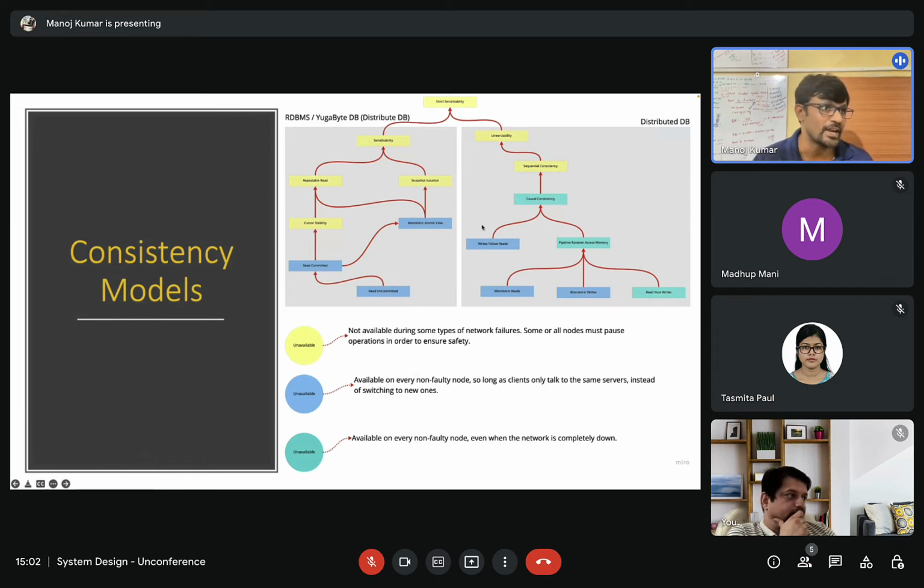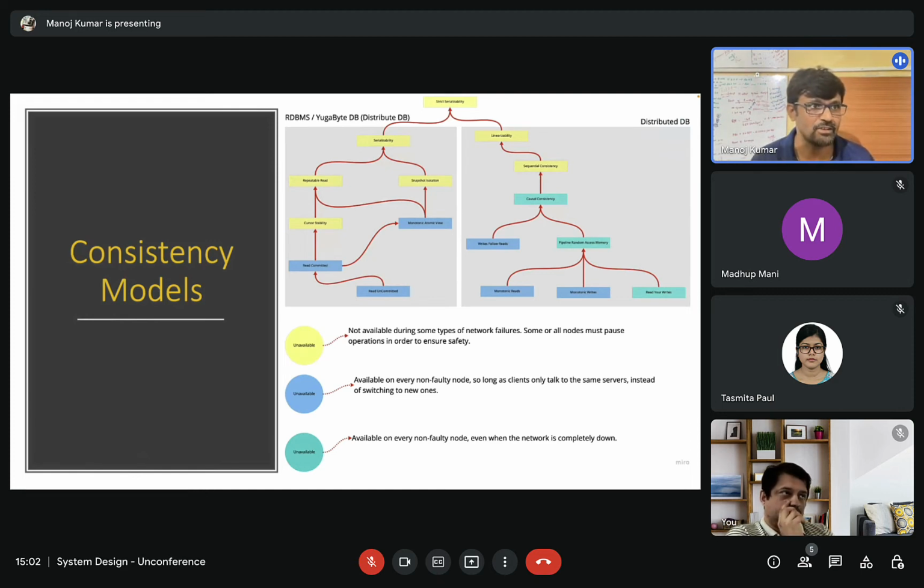So this is how the consistency model looks from a very high level. When you want to speak about isolation levels, how data is replicated, and what type of models you want to use, this chart gives you a better understanding of which consistency model to use over availability, or which model to use to achieve availability.